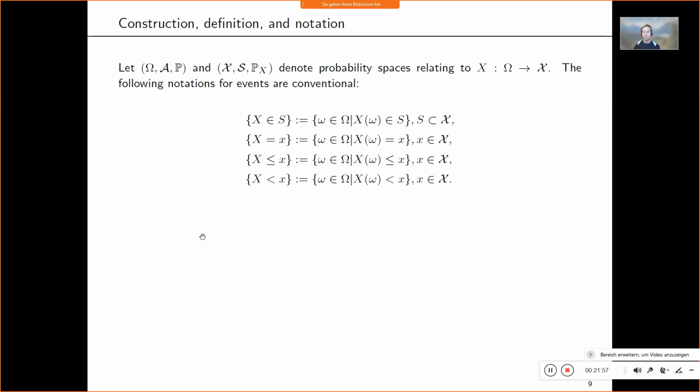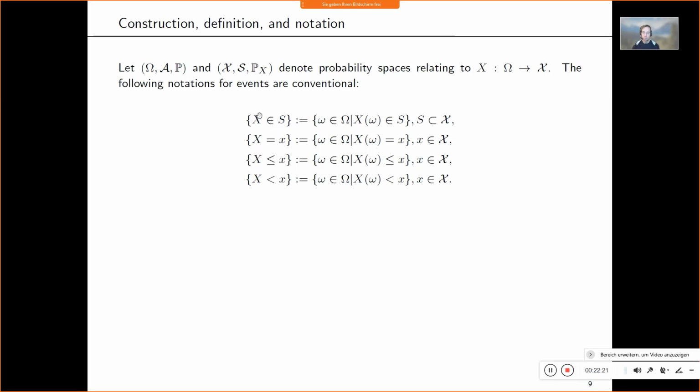Let's assume that we have a probability space Omega, F, P, and this induced probability space X as P_X. And of course, these are the probability spaces relating to some measurable function or a random variable X. Then the following notations are often used.